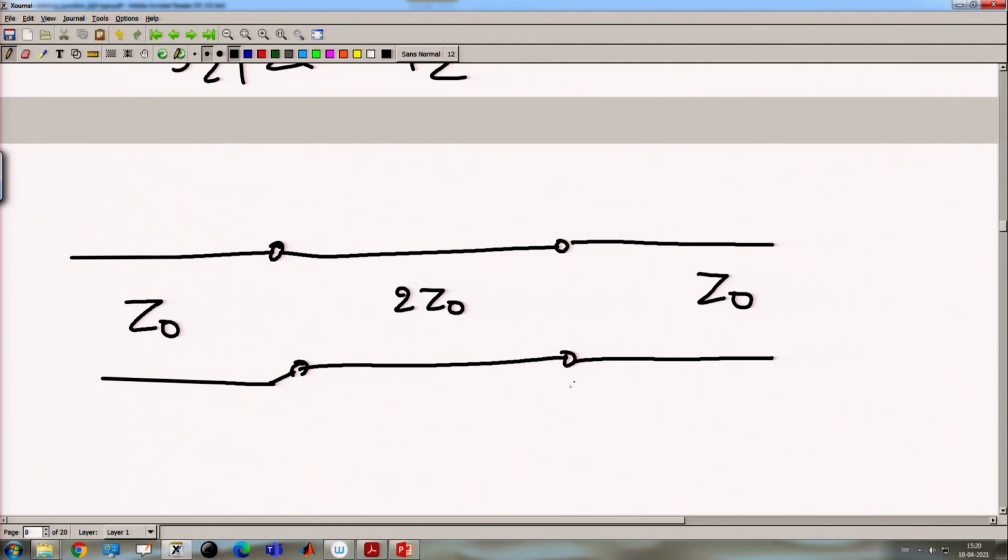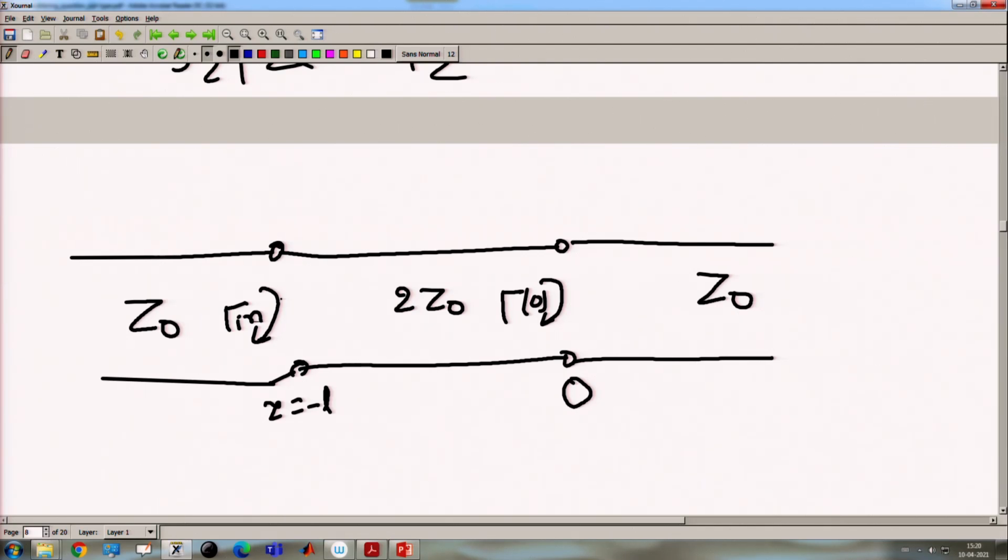Here we can assume Z is equal to 0 and this is Z is equal to minus L. Here it is gamma 0, and here it is gamma in.